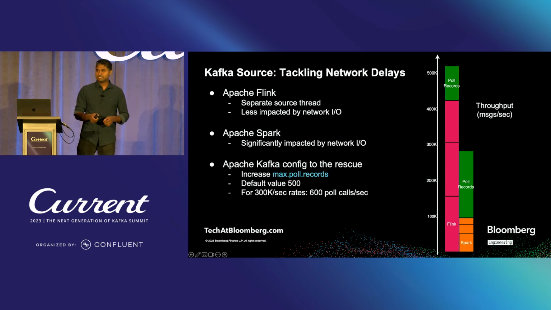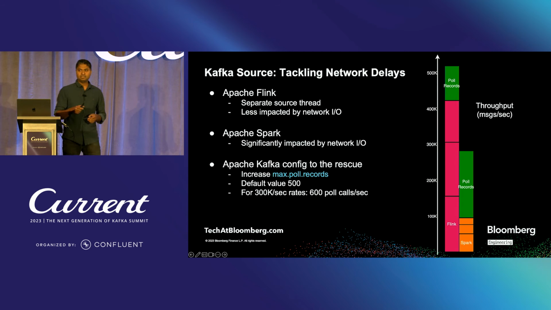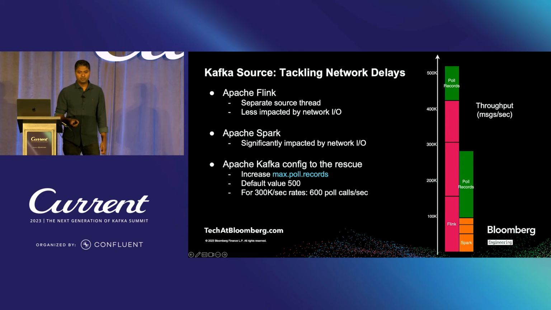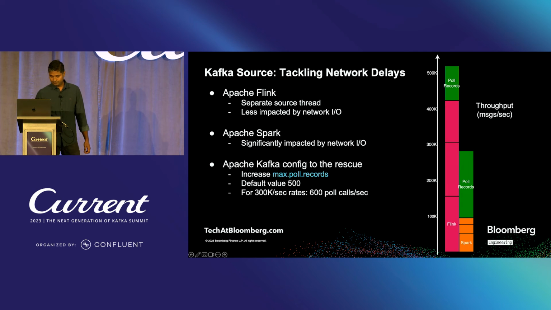For a data pipeline ingesting at 300 messages per second, this could end up being 600 poll calls every second and a lot of network I/O. Simply changing this default value from 500 to 100,000 records for every poll call, we were able to significantly improve the performance of Spark, as you can see on the right side. This also improved the performance of Flink a little bit, although not as much as Spark.